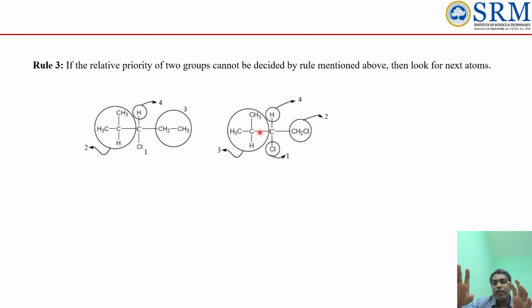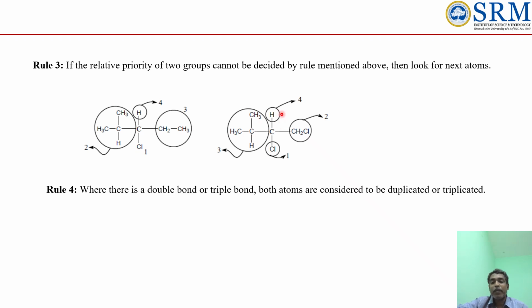So carbon, carbon, there is a tie. Next to this carbon, you have the very high atomic number atom, that is chlorine, compared to 2 carbons. So obviously the chlorine takes the higher weightage as well as the priority. So chlorine takes the first priority, CH2Cl group takes the second priority, isopropyl group takes the third priority, and hydrogen takes the fourth priority.